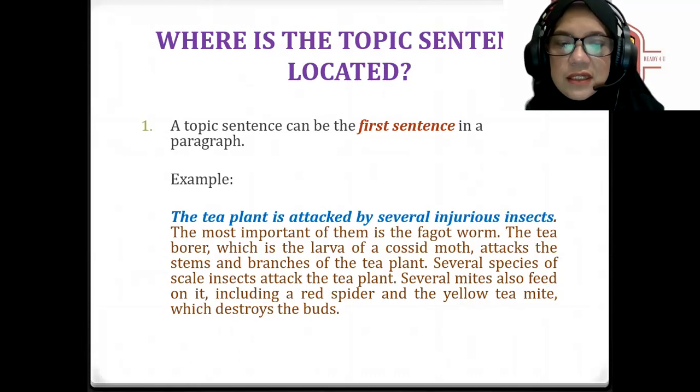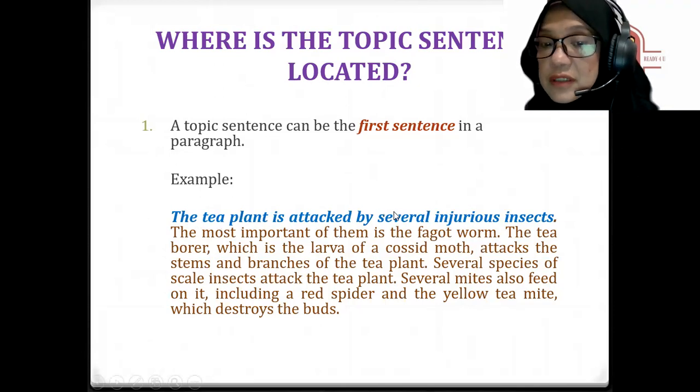Several species of scale insects attack the tea plant. Several mites also feed on it, including a red spider and the yellow tea mite, which destroys the bud. Right? So you see, the topic sentence says that the tea plant is attacked by several injurious insects.